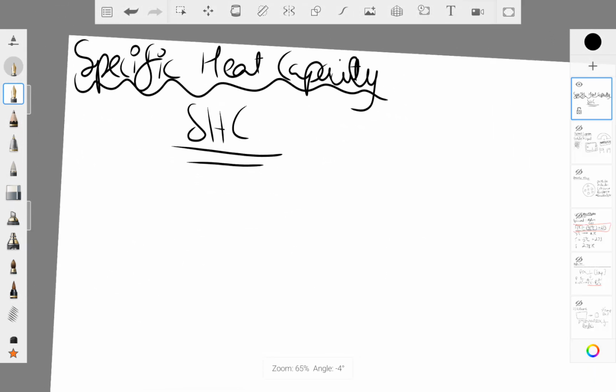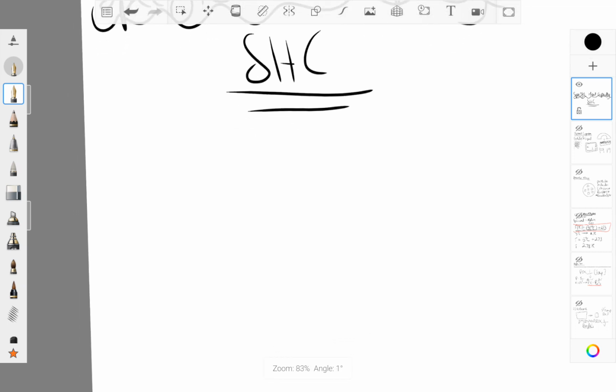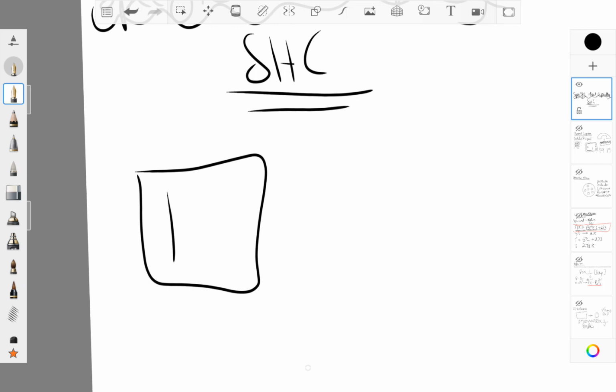Now we can tackle specific heat capacity, or SHC. SHC is defined as the amount of heat energy required to change the temperature of a unit mass of a substance by 1 degree Celsius. Now, what does that mean? Let's say I have 1 kilogram of a substance.